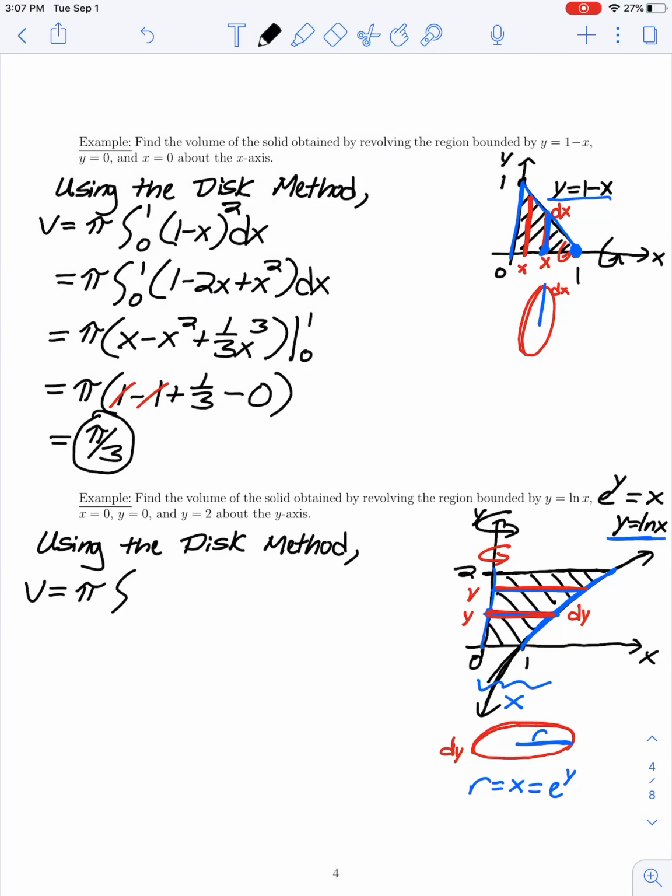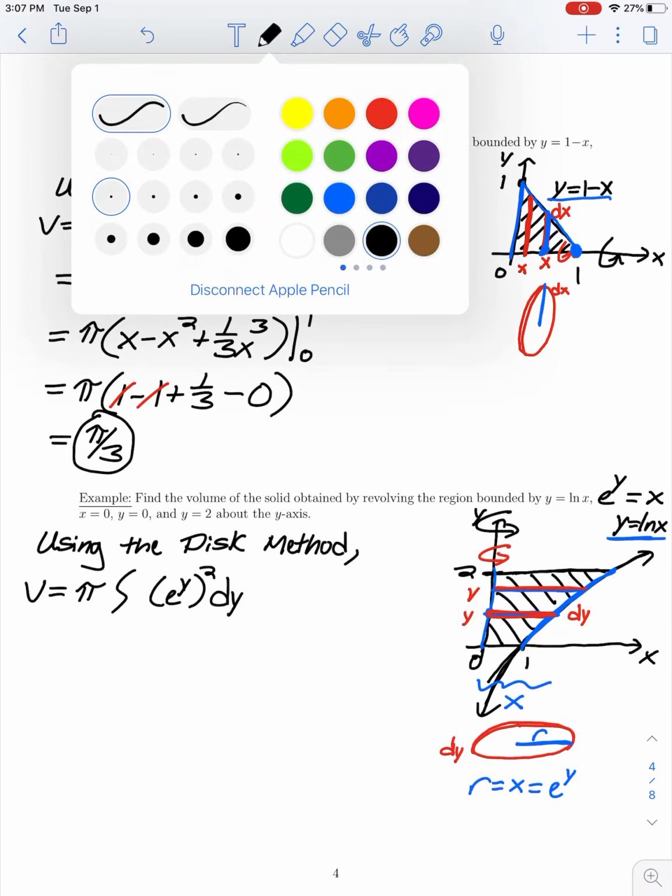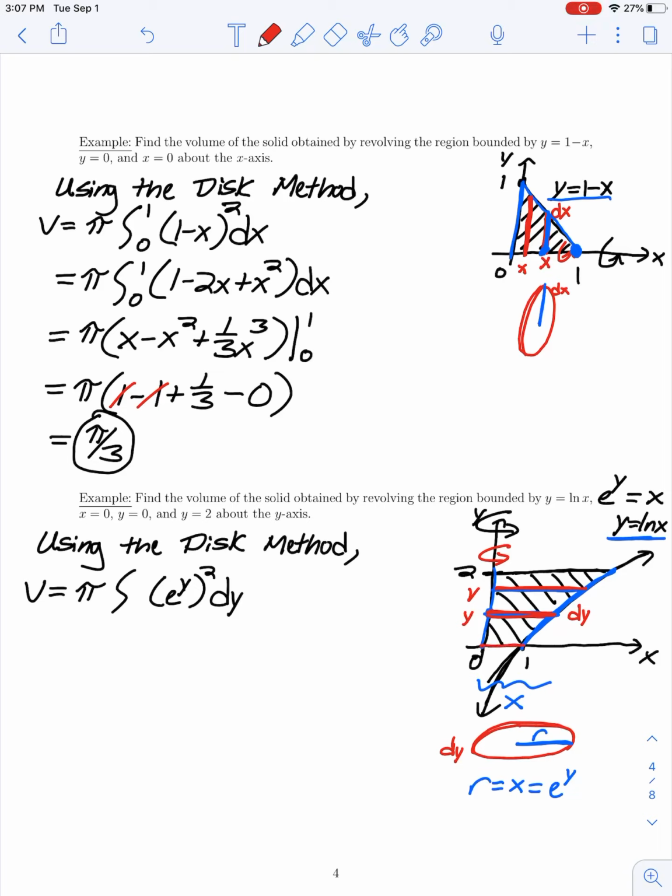So here we would be integrating our radius, which is e to the y squared, and the thickness of our slice was dy, and we're integrating or adding up the volumes of these little disk slices over the y interval from y equals 0, or the x-axis, up to this horizontal line y equals 2.